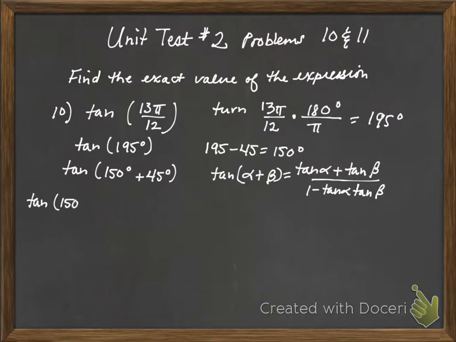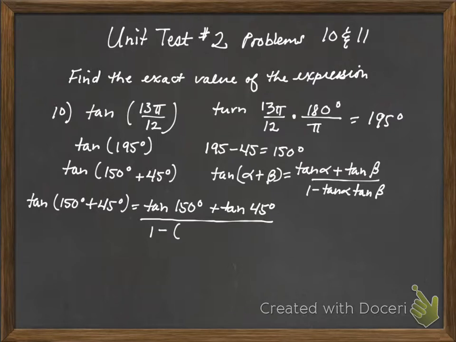Tangent of 150 degrees plus 45 degrees equals tangent alpha, which is 150, plus tangent beta, which is 45 degrees, all over 1 minus tangent of 150 degrees times tangent of 45 degrees. So now that we have everything plugged in, we just have to evaluate it.